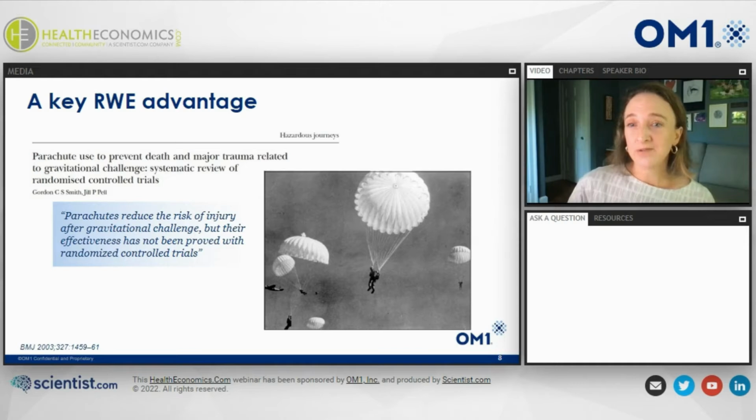The authors here kind of cheekily conducted a systematic review and meta-analysis that sought to address the problem of there being no randomized trial evidence to support whether we know if parachutes are efficacious at all to reduce death from gravitational challenge. So the authors note that parachutes reduce the risk of injury, but their effectiveness has not been proved with randomized trials. So how could we possibly know if they work or not?